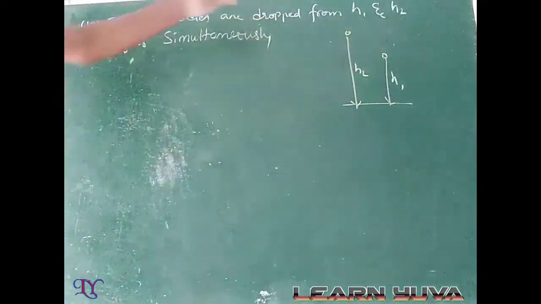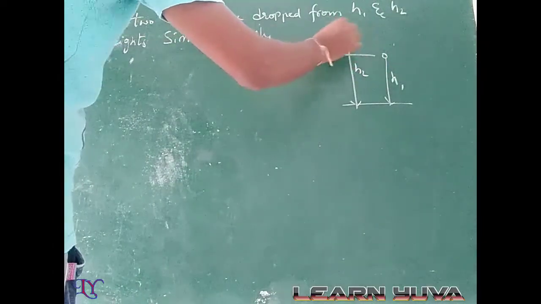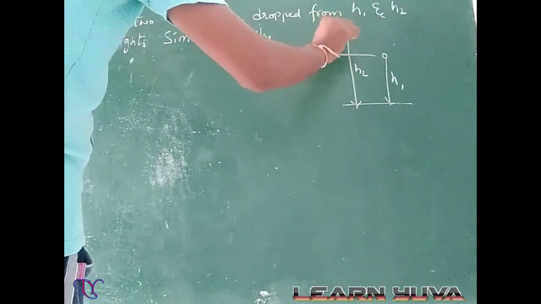These 2 bodies are dropped simultaneously, that means at a time, right? And it is the distance between h1 and h2. It is h2 and h1.